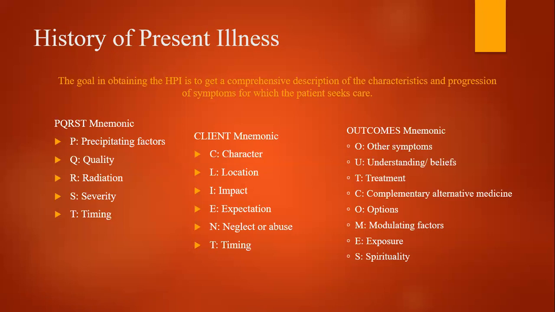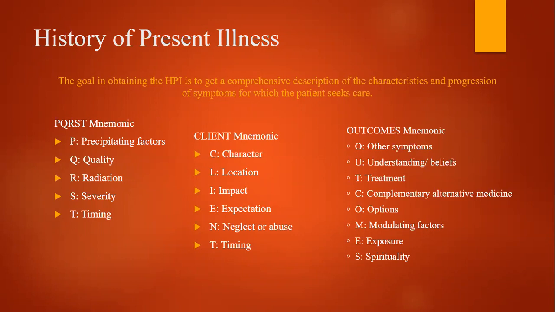So also differentiate what kind of pain it is. Is it neuropathic? Is it visceral pain or somatic pain? If you say the pain is somatic, it should be dull, aching, throbbing, or sore.